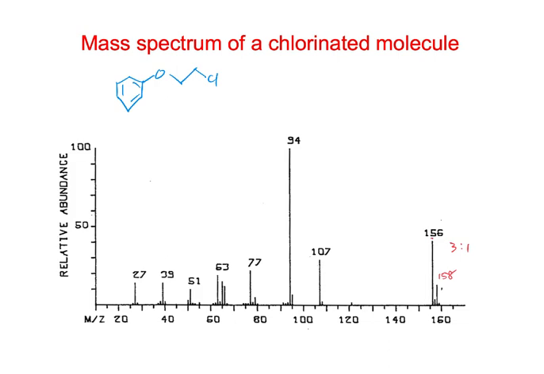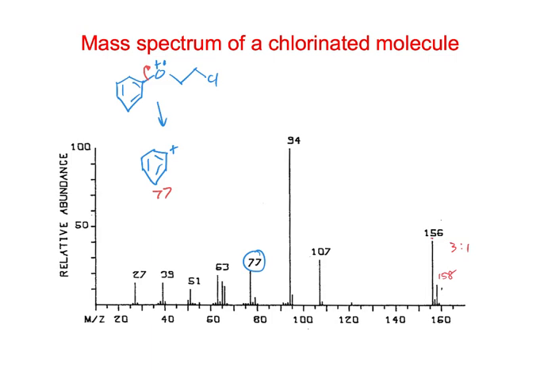Looking at the spectrum, what else can you pick out? 77. Somehow it's going to cleave to here. It's going to ionize here, and this is going to cleave like this, and this generates 77. Plus 17, so that's an alcohol, an oxygen with a hydrogen on it.